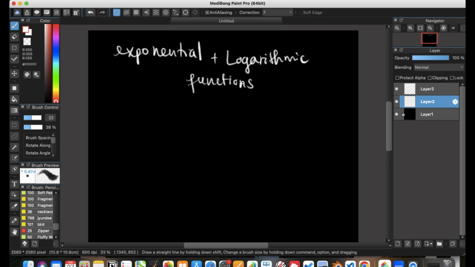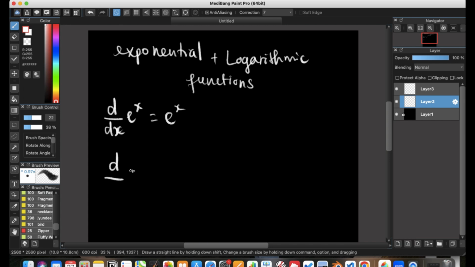Okay, so let's say d of e to the power of x. Let's take the derivative of e to the power of x. And really, this one is really easy, you don't even have to change anything at all. That would be e to the power of x.